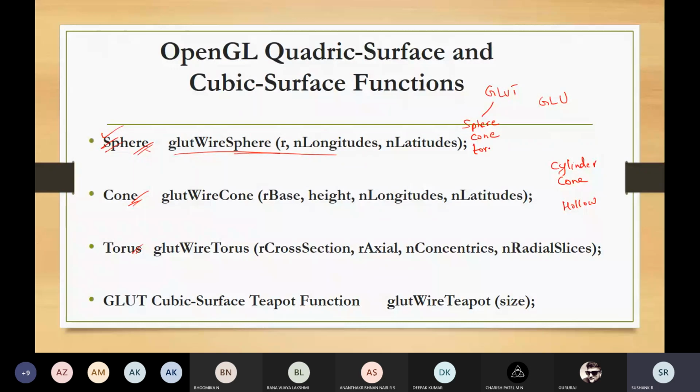By using GLU you can display cylinder, cone, hollow disk, and the circular ring. So these are the objects which can be displayed by using these two libraries.